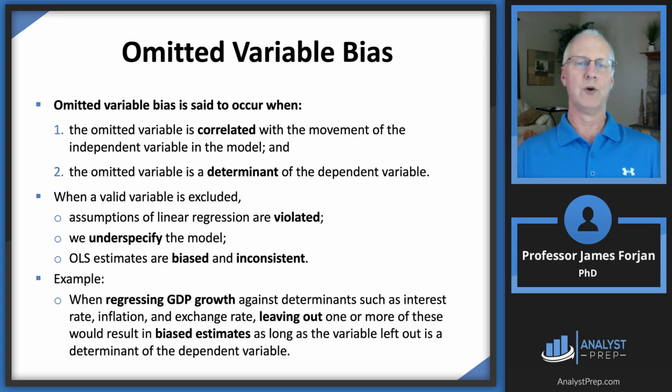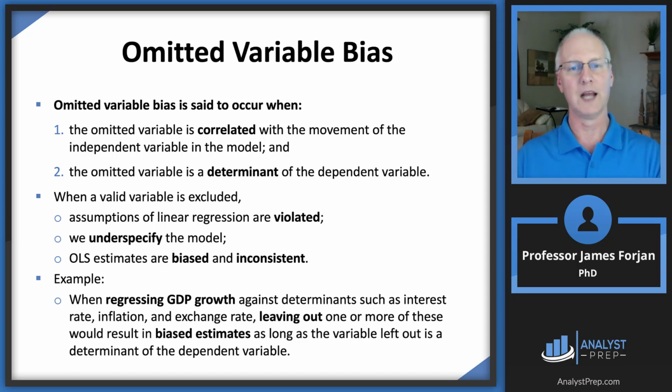Now remember what we're doing here. We're trying to develop a regression equation in which we can explain the variability in the dependent variable. So what we want to do is come up with, how about if I call it a perfect model, in which we have a bunch of variables on the right-hand side and they perfectly explain the dependent variable.